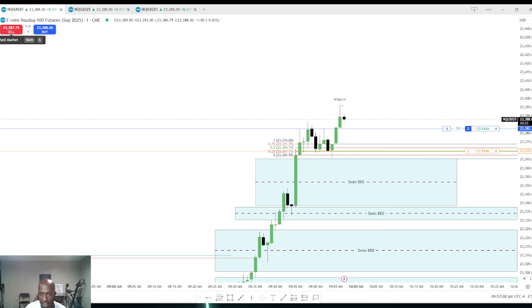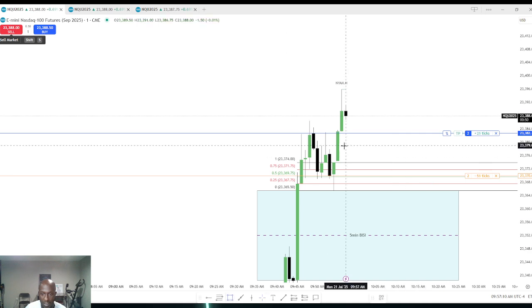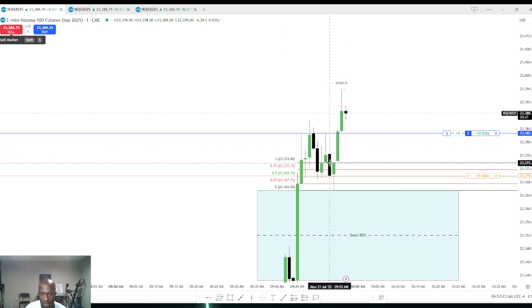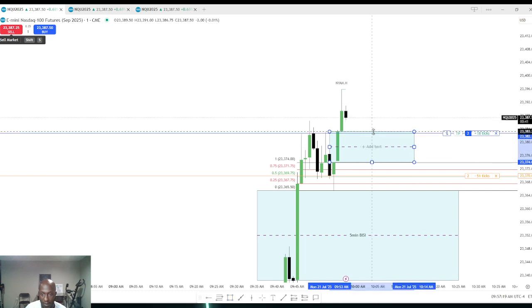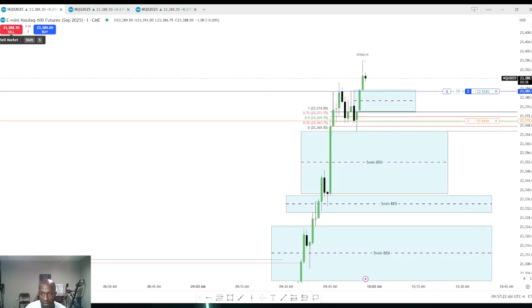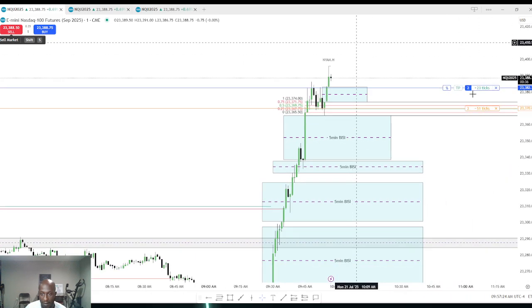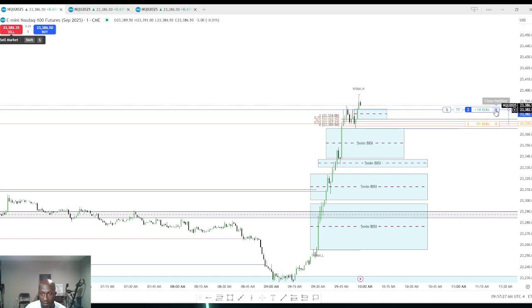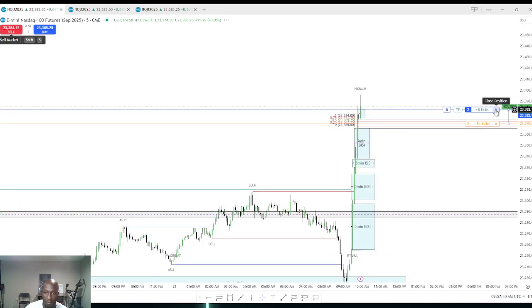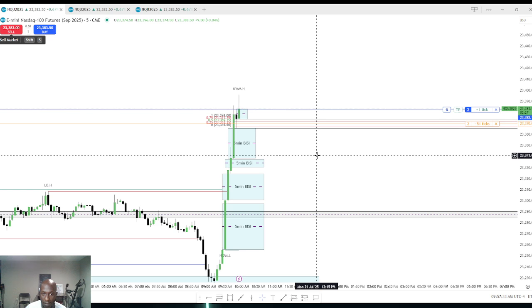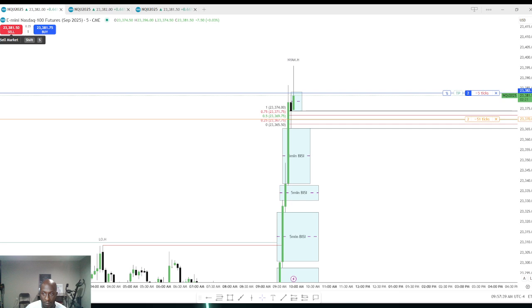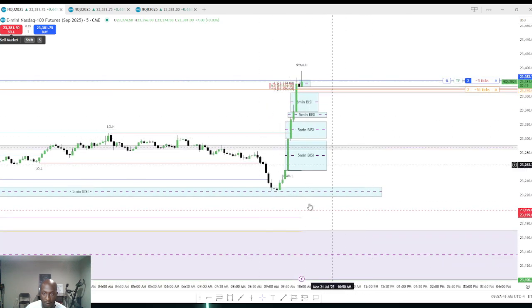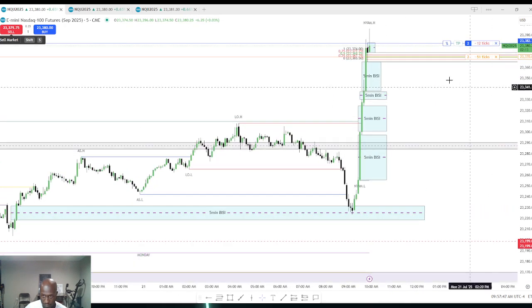So we ran this high, and we want to see market stay above that right there. But again, I think we're running highs to go lower. I should have waited, because I believe this is more important.